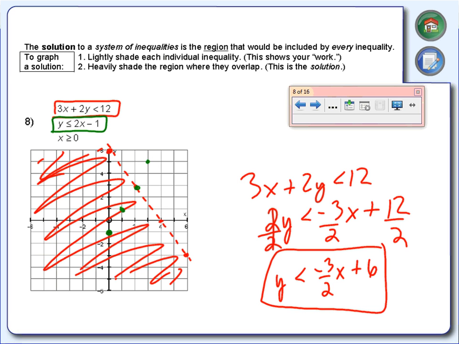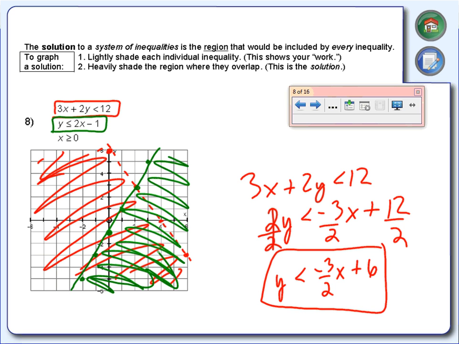Going to get a couple more dots over here, going down 2, 1 to the left, down 2, 1 to the left. This one does have an equal sign, so we're going to use a solid line. And it says less than, so it should be shaded to the bottom. There it is. There's the second one.